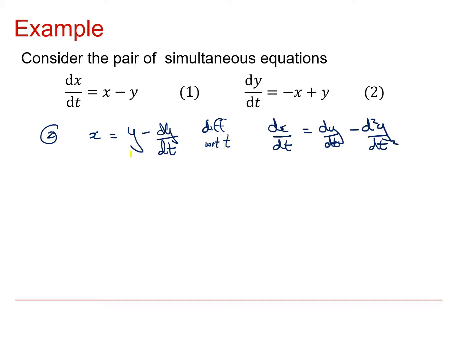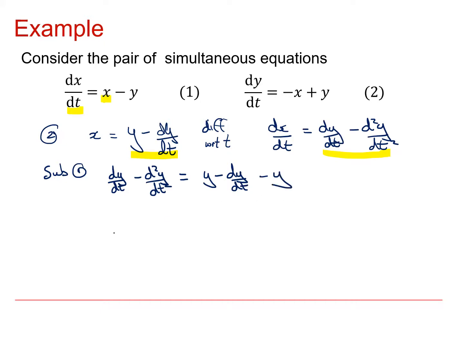And so now if I take this expression for x and substitute into here, and this expression for dx by dt and substitute into here, I'll have something that only involves y and t. So if we substitute into 1, we're going to get dx by dt is dy by dt minus d2y by dt squared, and that's going to be equal to x, which is y minus dy by dt minus y.